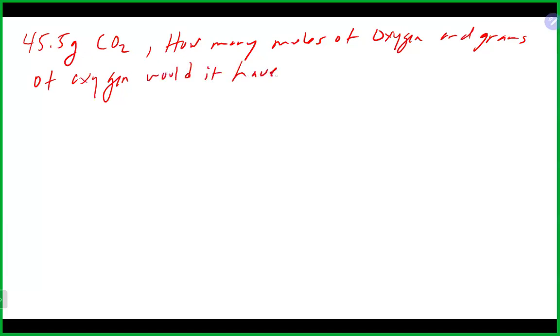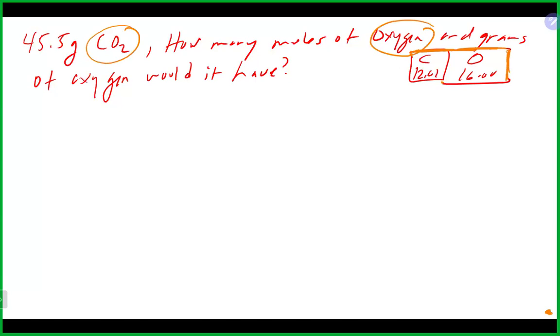All right, so why don't you give it a go and see? Again, carbon 12.01 and oxygen 16 still, of CO2. And we want to know how many moles of oxygen there are and really grams of oxygen. So in this formula, we're not interested really in the whole entire formula, the carbon and the oxygen. We're interested in really just the oxygen part.